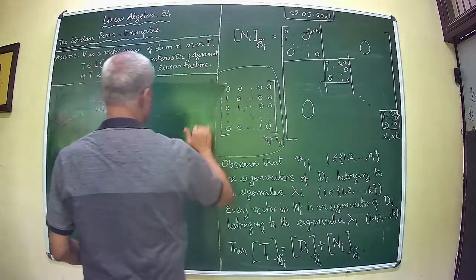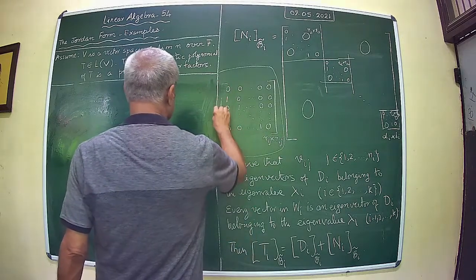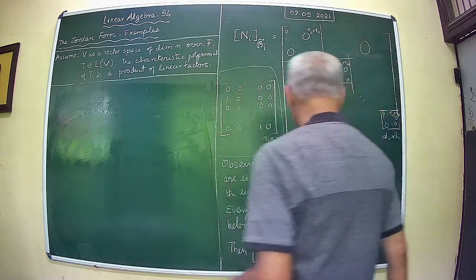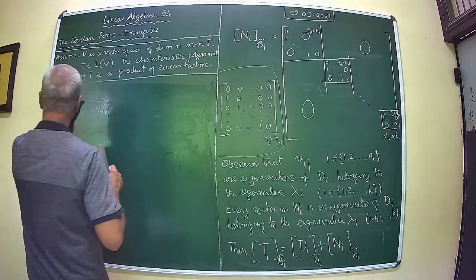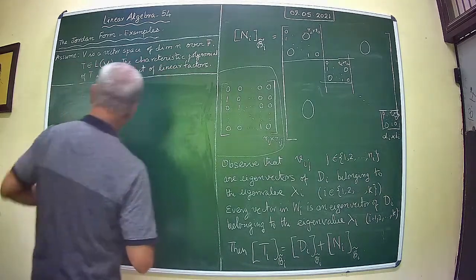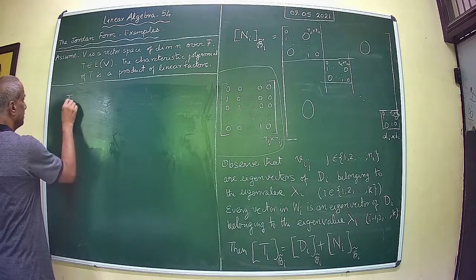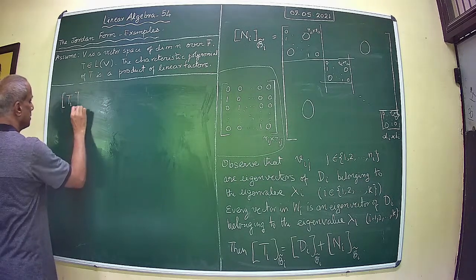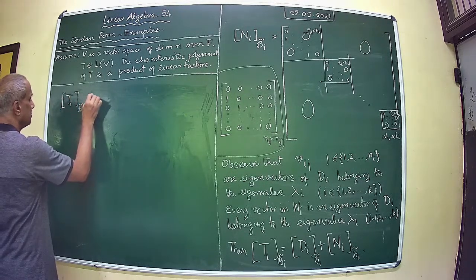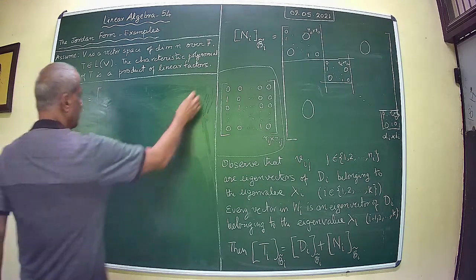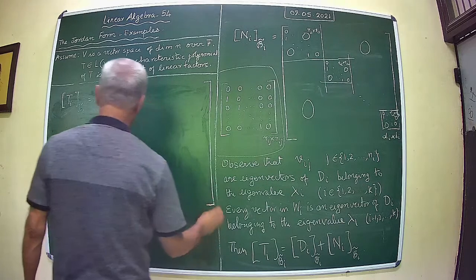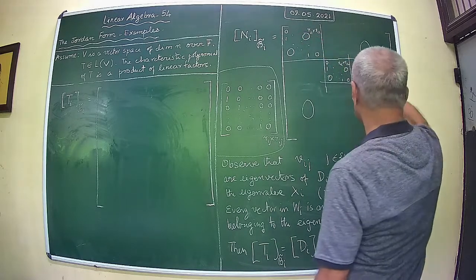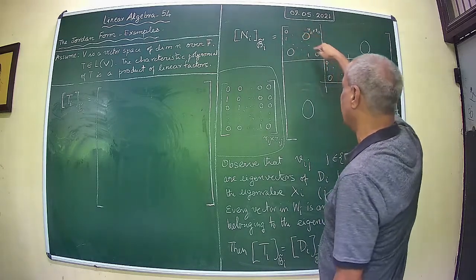So we are going to fix the basis dictated by the cyclic decomposition of Ni. With respect to that basis, this is what you get. Look at this representation: the diagonal elements will be coming in, they are lambda i.